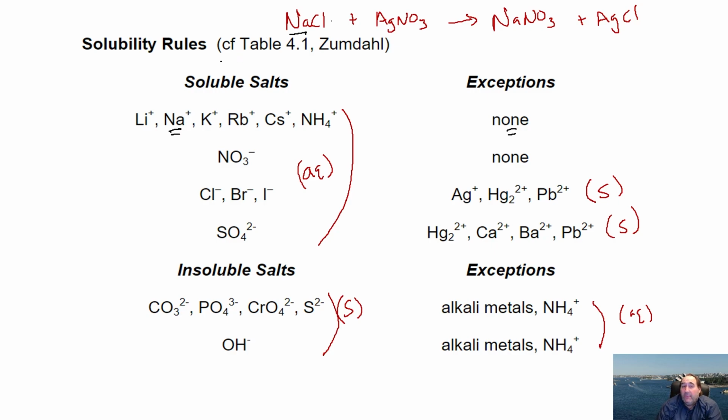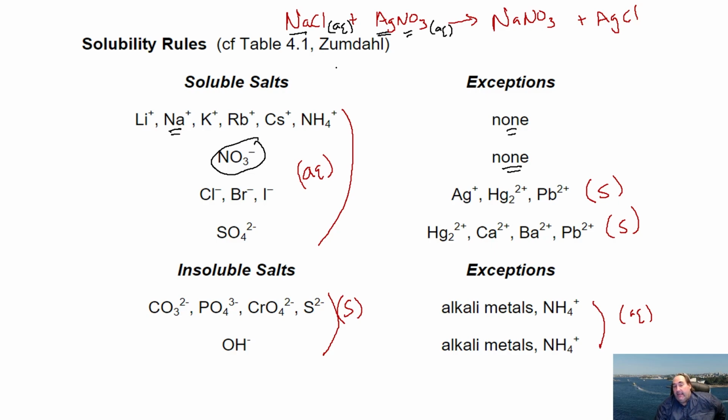I know it's going to be soluble and should get the aqueous symbol. Now I look at silver here, and maybe I don't see it on the left, but I do see nitrate. Nitrate is soluble and there are no exceptions, which means as soon as I see nitrate in the formula, I know it's soluble and it should get the aqueous symbol.